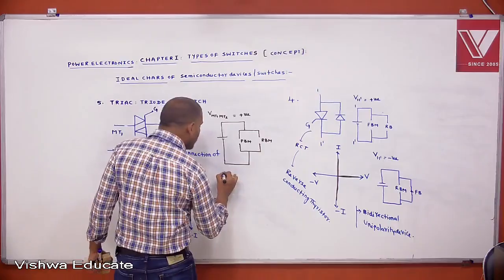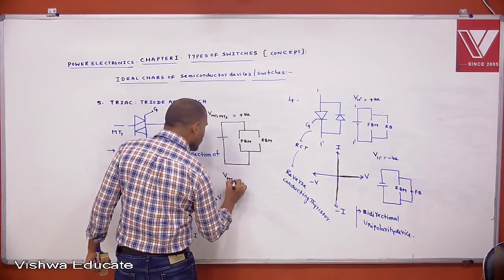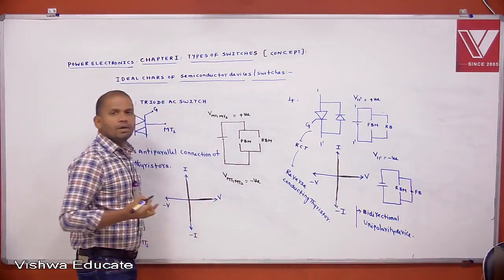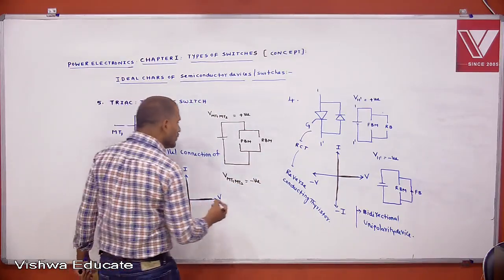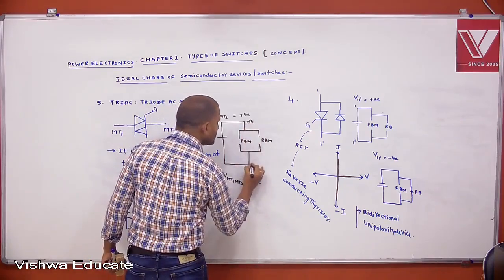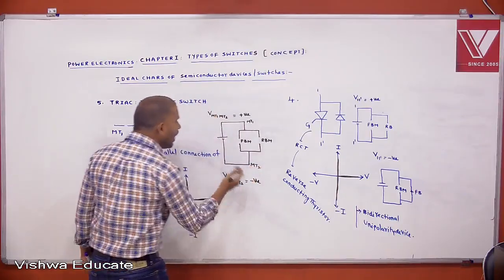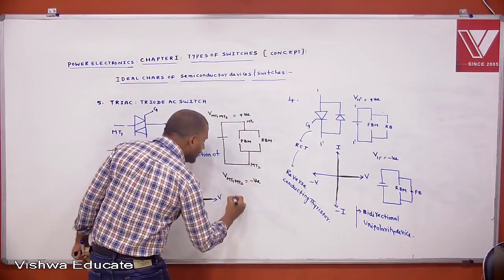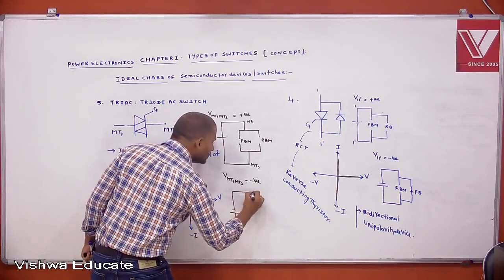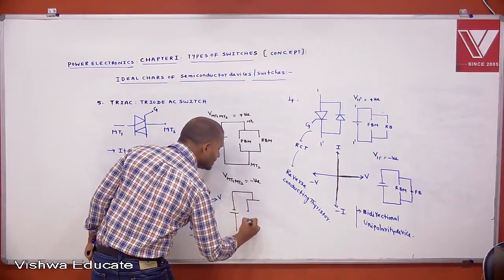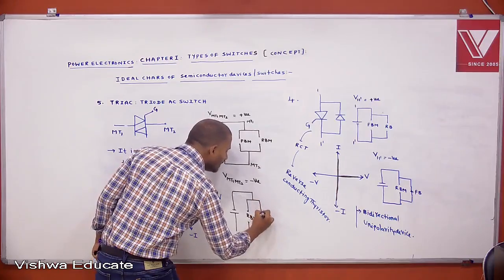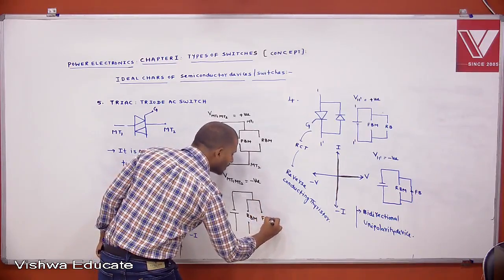If VMT1,MT2 is negative, meaning MT1 is connected to the negative plate and MT2 is connected to the positive plate, then this thyristor is under reverse blocking mode and this thyristor is under forward blocking mode.